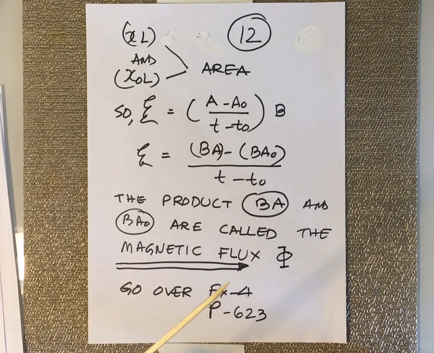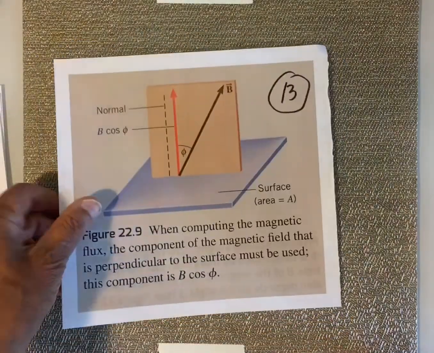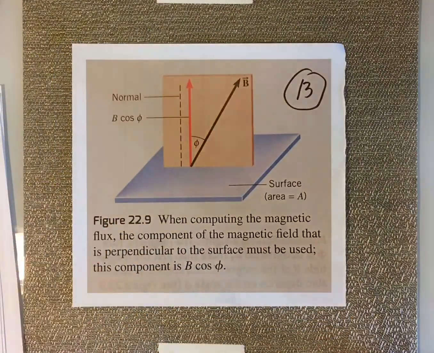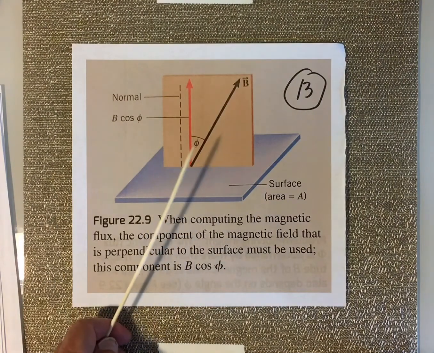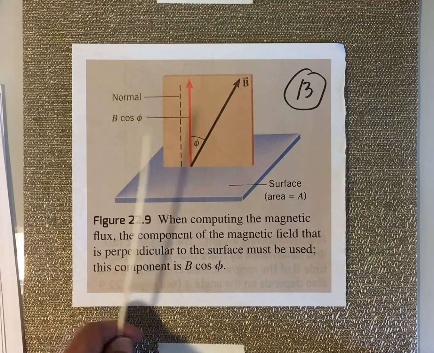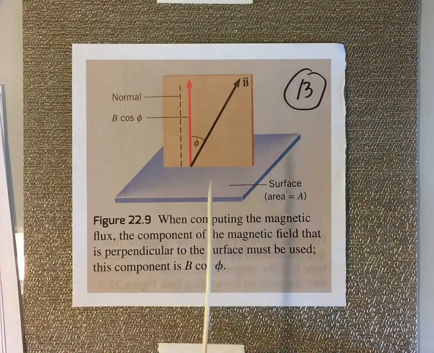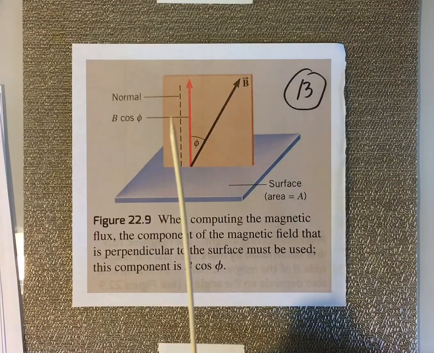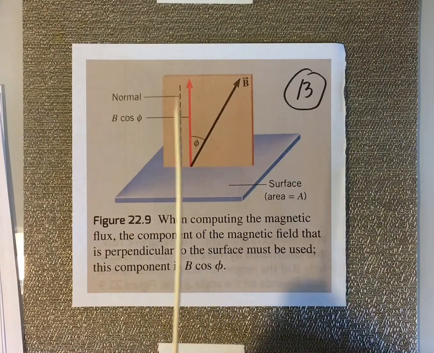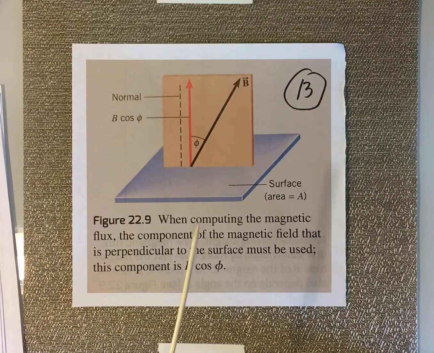Now go over the exercise which is 4 on page 623. This shows you when the magnetic field makes an angle theta to the normal, so it will be b cosine theta, as you see in the red line in this picture.